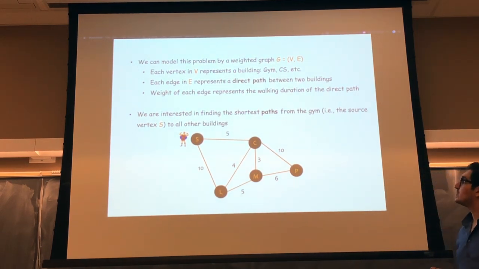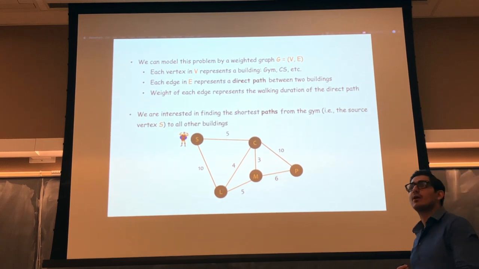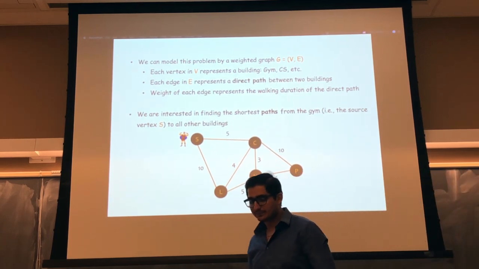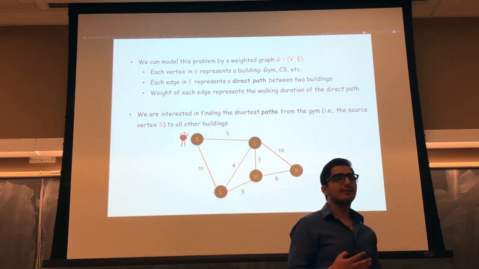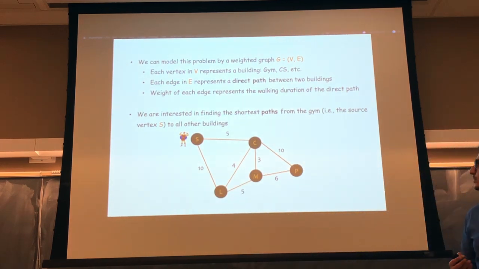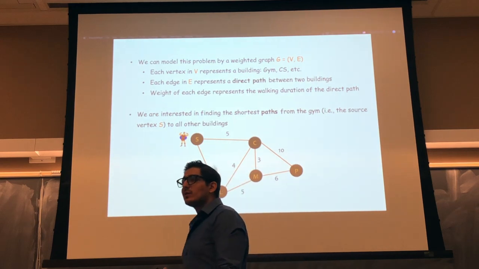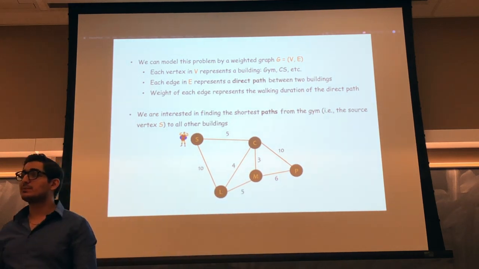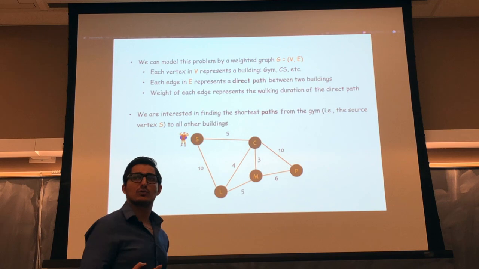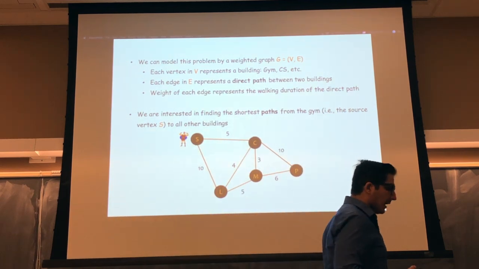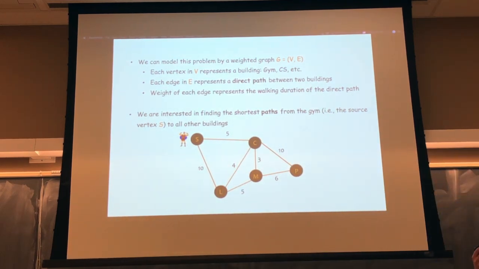Also, weight of each edge represents the walking duration of corresponding direct path. Given such a graph, we are interested in finding the shortest path from the gym, that is the source vertex S, to all other buildings. Dijkstra's algorithm provides us with a solution for this problem, which we call the single source shortest path problem. And it works in two phases.